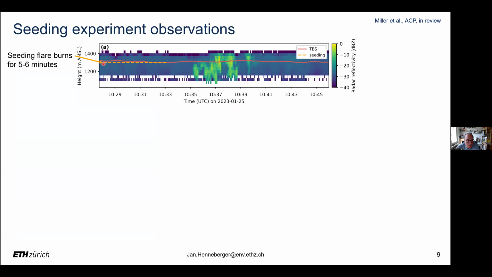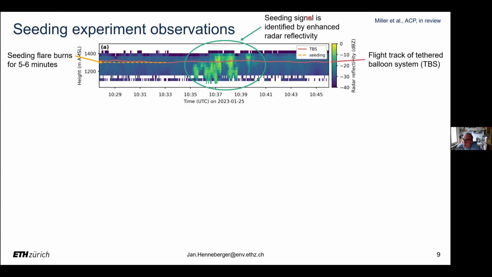Then it took around 7 minutes until it reached the main site and produced a strong signal in radar reflectivity, clearly visible. In red is the flight track of the tethered balloon system, and we can now look closer at the in situ data we measured on the balloon.